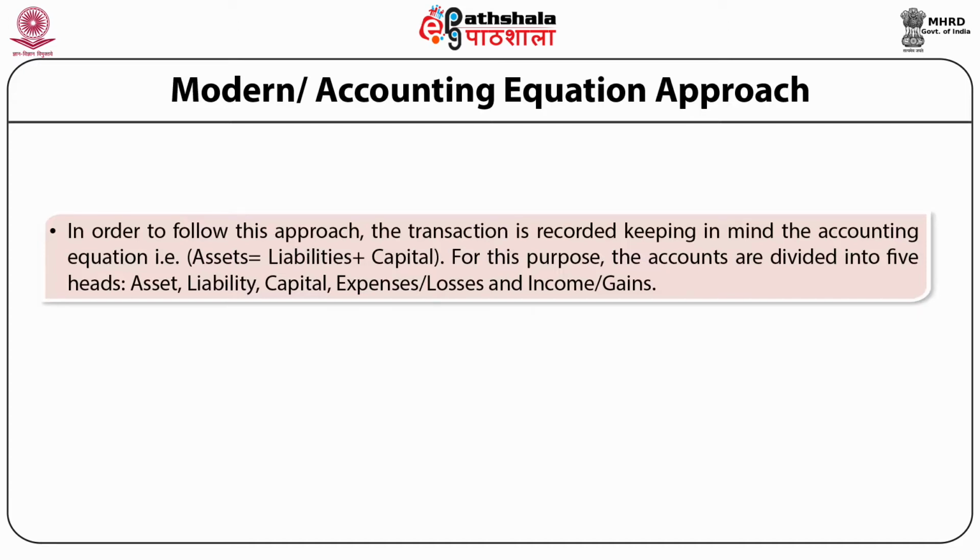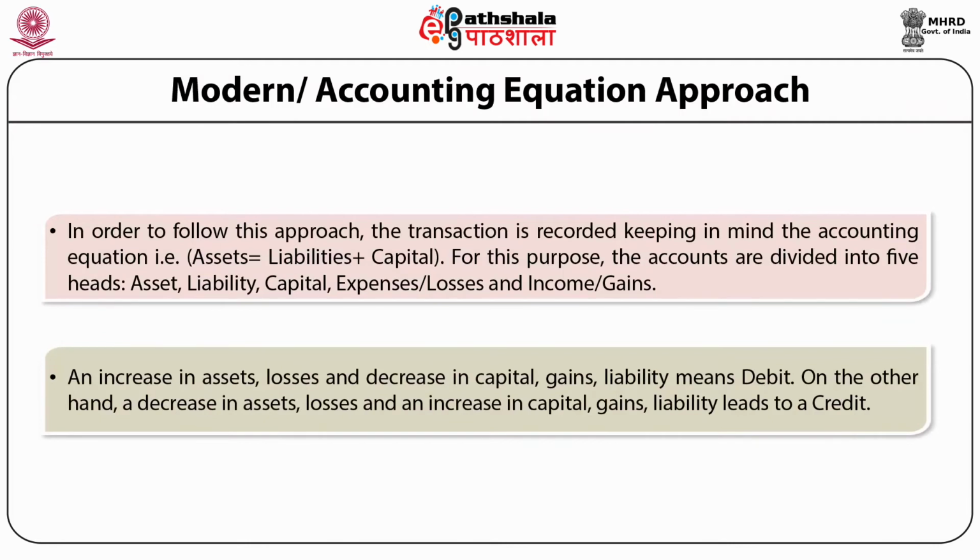An increase in assets, losses, and a decrease in capital, gains, liabilities means debit. On the other hand, a decrease in assets, losses, and an increase in capital, gains, liability leads to a credit. The following rules are summarized below.